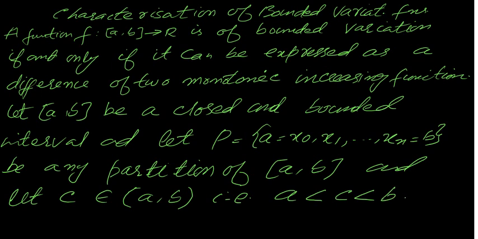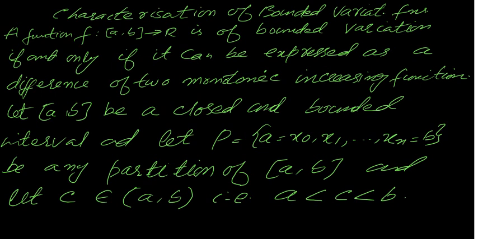So let's take the interval [a, b], a closed and bounded interval of the real line, and let's take a partition of this interval, P = {a = x0, x1, x2, ..., xn = b}, and let's choose any point c in this interval.